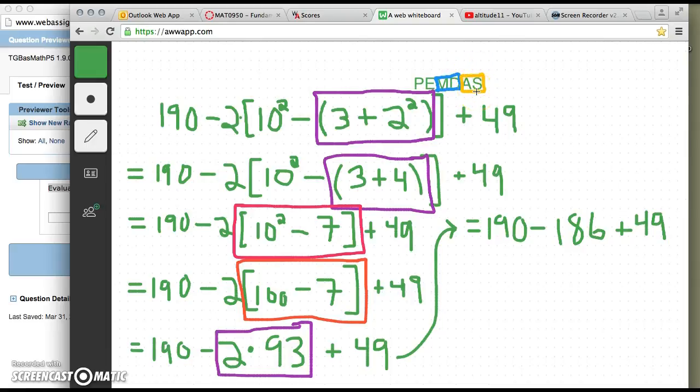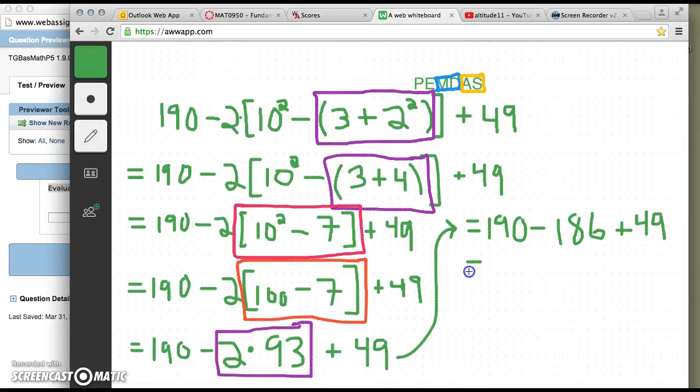So what do we do? Well, we do exactly what we've been doing for a long time. How do we read? We read from left to right. How do you perform your operations? You perform them left to right as well. So you're only left with 2 operations, one subtraction and one addition. And since they're equivalent to one another, you just work from left to right.